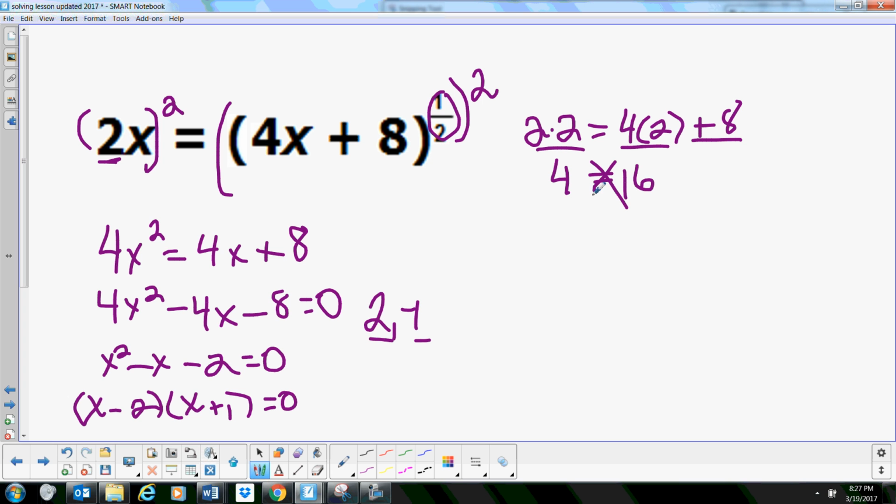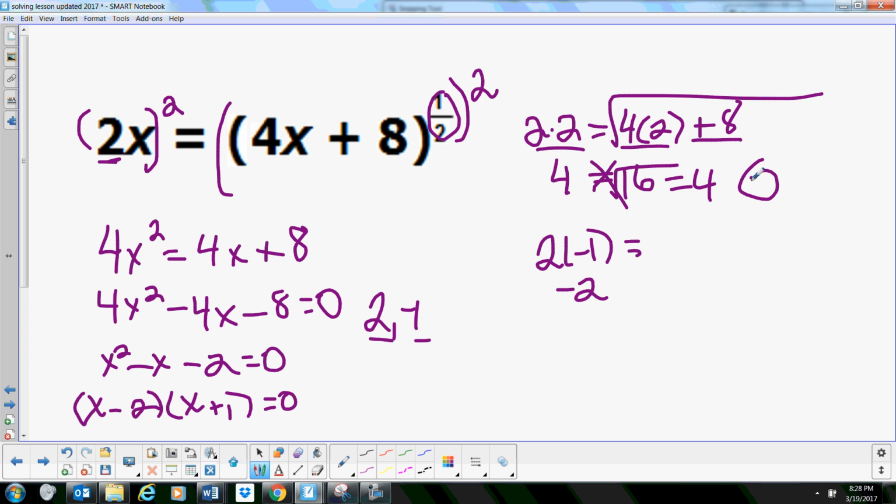Whoops, I forgot to take the square root of this one. Sorry, that answer is 4, and that answer is good. That is a good solution.